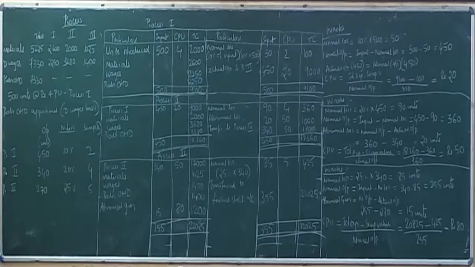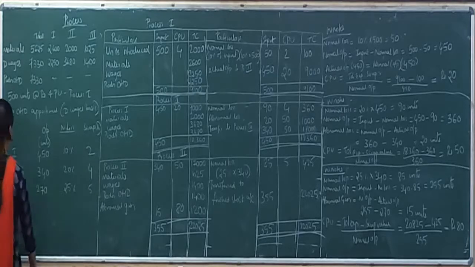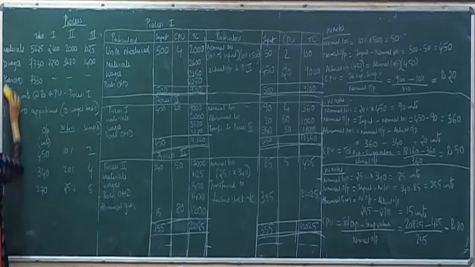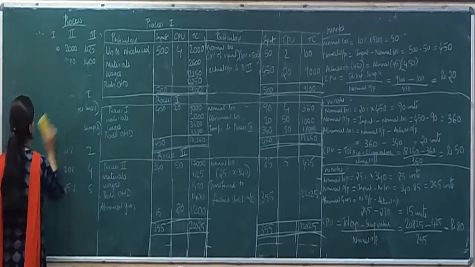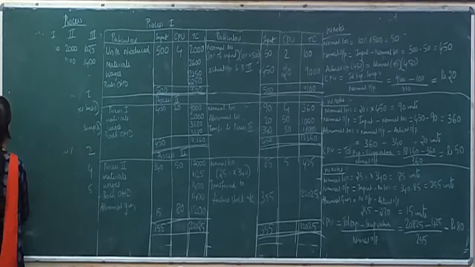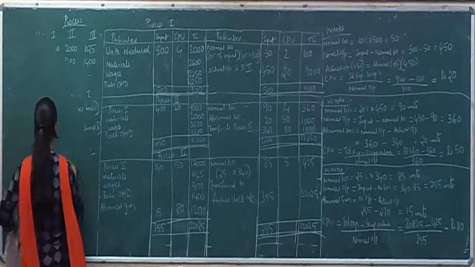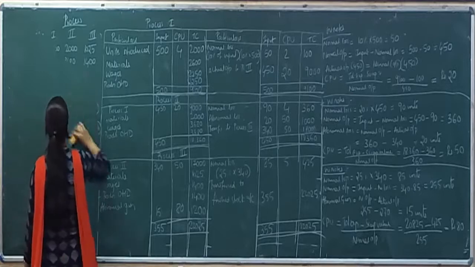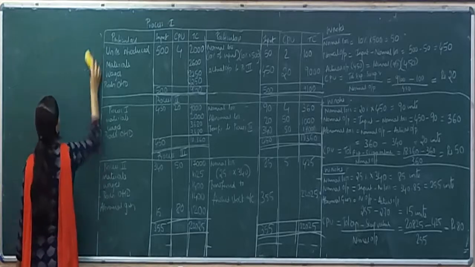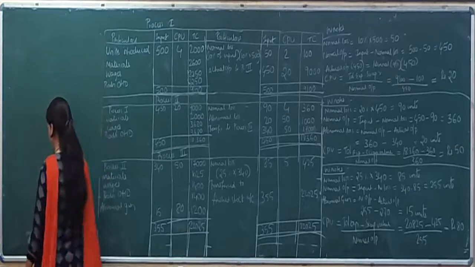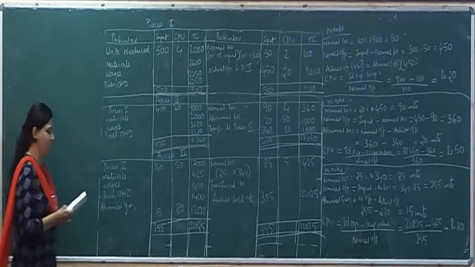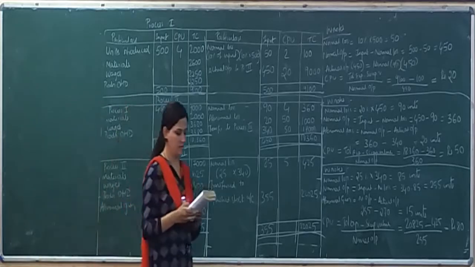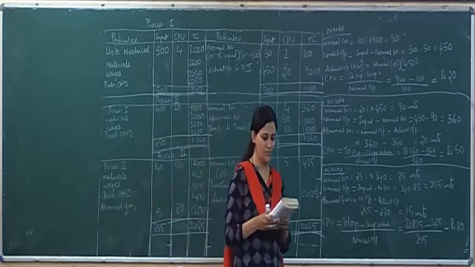We'll take up the next problem, process costing. Steel Limited processes a patent material used in building.